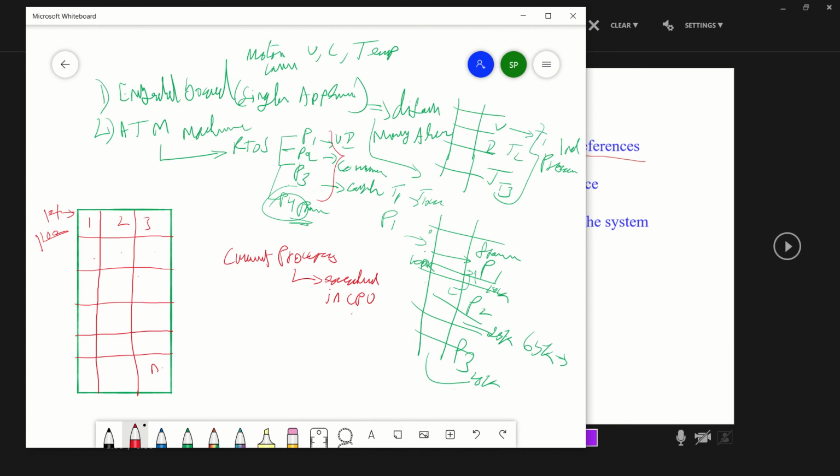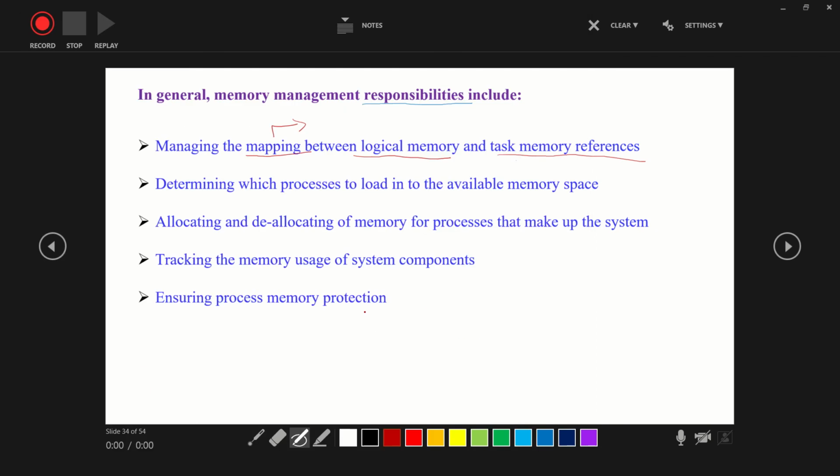CPU or in ALU. So the process whose opcode is loaded into the program counter, that process's value or memory allocation will be loaded. That is a very important thing we are going to consider.